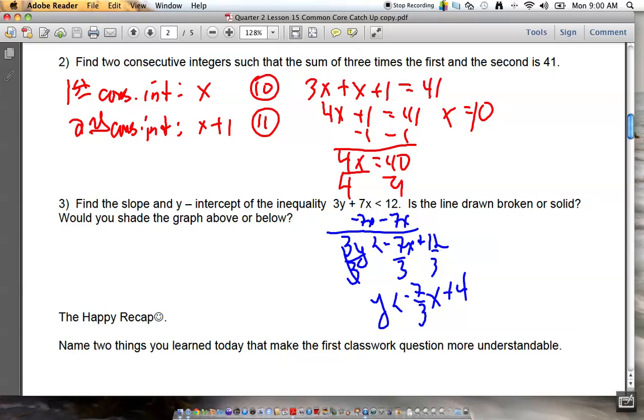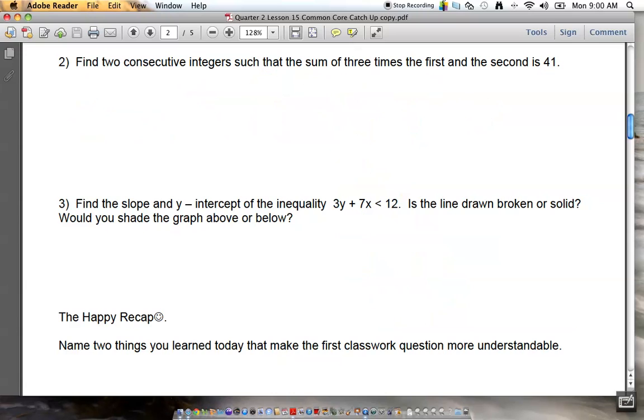What is the y-intercept? 4. Broken or solid? Broken. How do you know it's broken? That's right. And would you shade above or below? Below, because there's less than. If there's a sign at the ride, and you want to get on a ride at the amusement park, and it says you have to be greater than 48 inches tall, are you above the line or below the line? Above. If you're less than it, you are below. Okay.